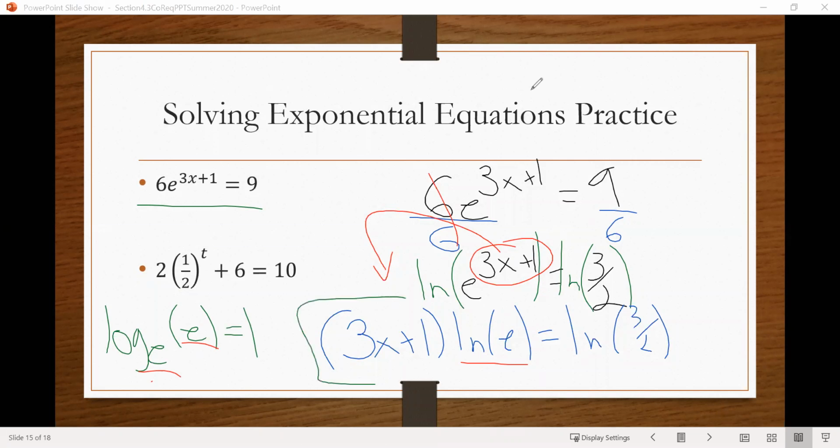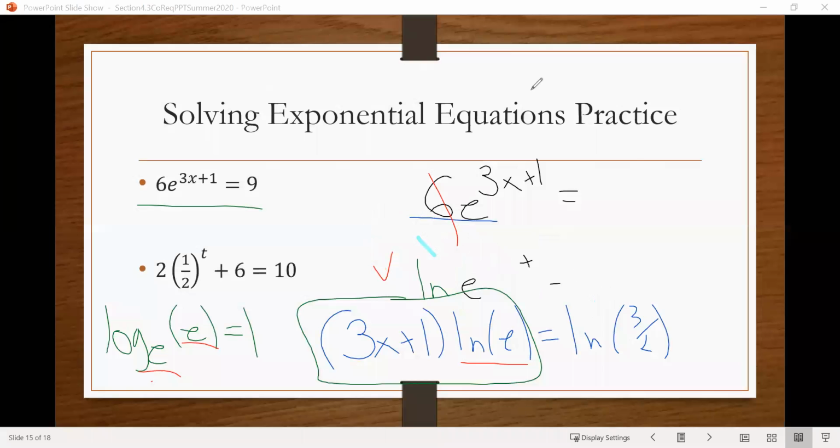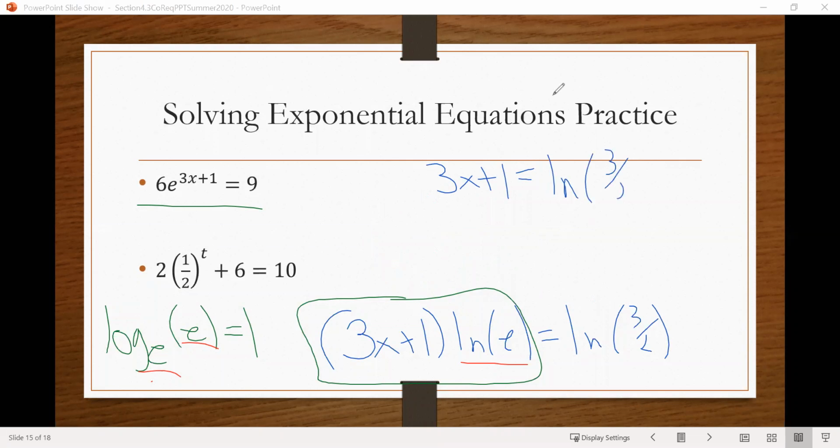So 3x plus 1 times ln of e really becomes 3x plus 1 times 1, and if you multiply anything by 1, you just get the same thing. So what our equation becomes is 3x plus 1 equals ln of 3/2.